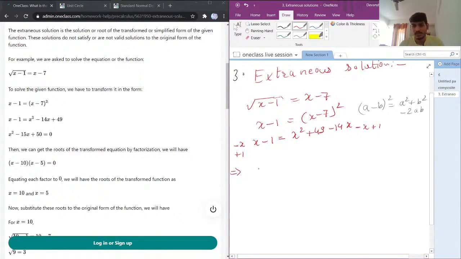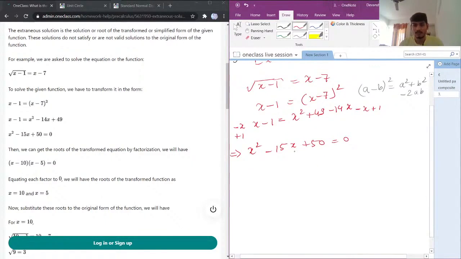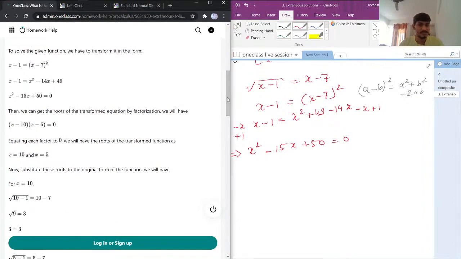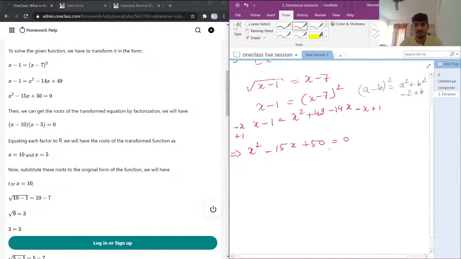So I will get x square minus 15x plus 50 equals 0. Now to find the roots of this equation, we can use factorization, or we can also use the formula.